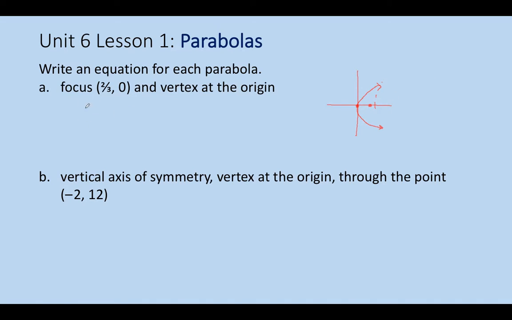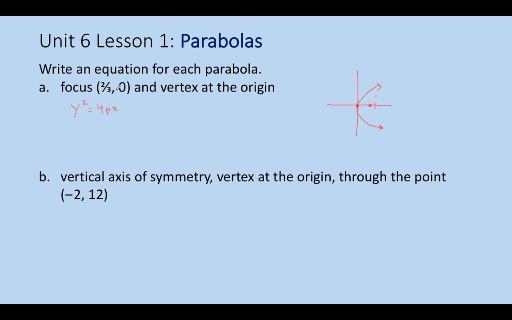I know that if we use that equation that we did for learning target 1, we would be using y squared, since it's horizontal, equals 4 times p times x. And remember, p is the distance from the focus to the vertex.